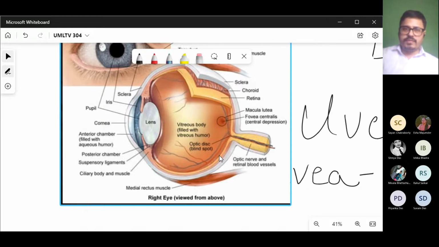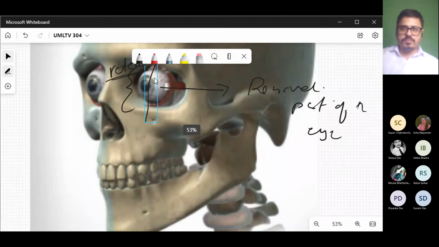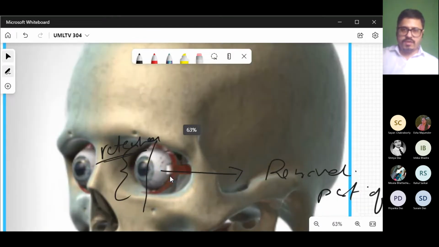Do I need to repeat? Even if I do need to repeat, do tell me. Yes, sir. You can repeat it once more. I first gave you the idea of how this individual ball is present. The eyeballs are present in this way, right?